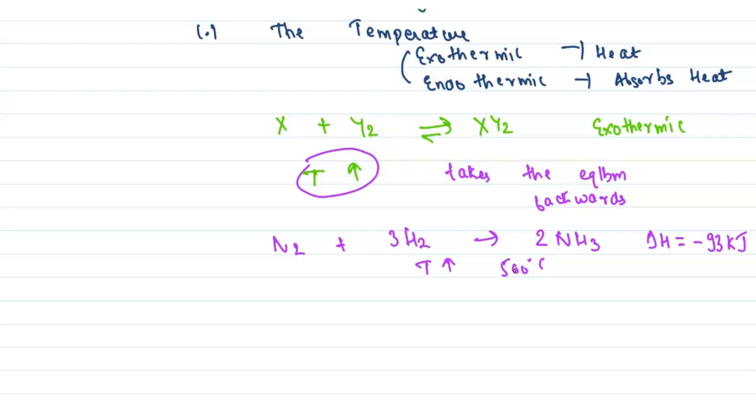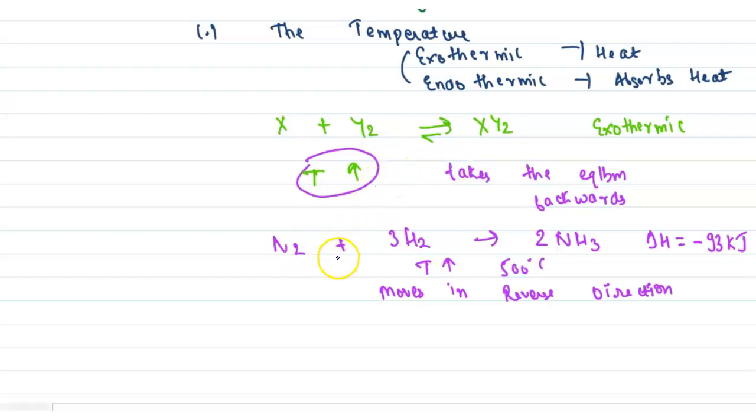Exothermic reaction on increasing the temperature moves in the reverse direction. Okay, but this reaction is one of the rare examples where increasing temperature helps. See, chemistry is full of exceptions, and that's why I write this reaction.